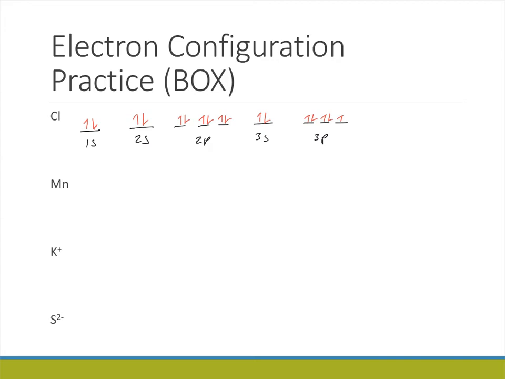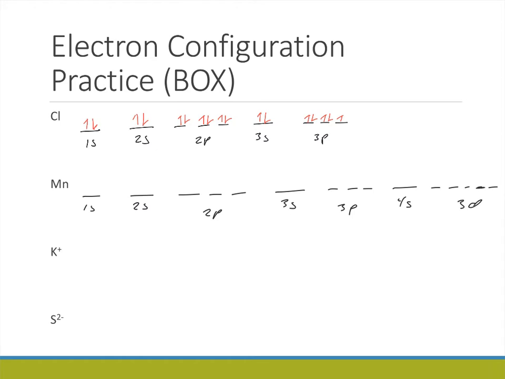Now let's do this for manganese. I've got my 1s, my 2s, my 2p, my 3s, my 3p. Next comes the 4s, then the 3d's. There are 5 of those.